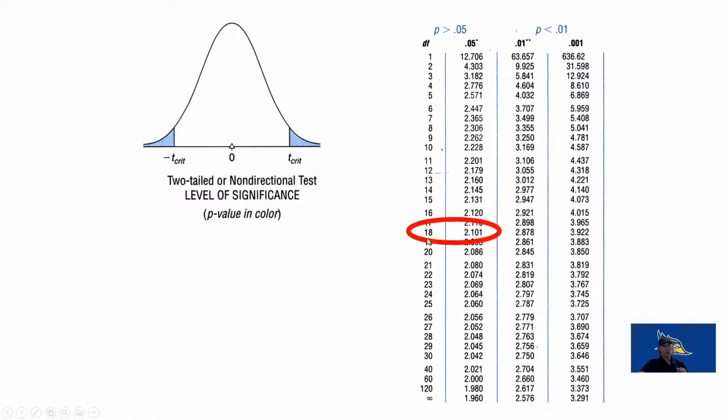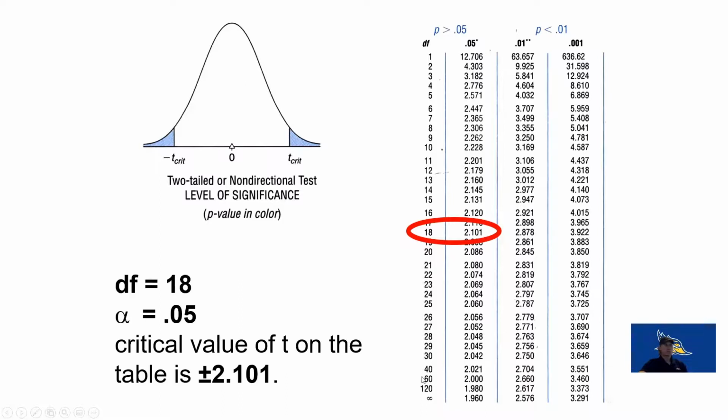So we know that our degrees of freedom are 18, and with a p-value of less than 0.05, our t statistic has to be greater than the critical value for 0.05 significance, which with 18 degrees of freedom is 2.101. Okay, so our critical value is 2.101, either positive or negative, depending on the direction that we see.